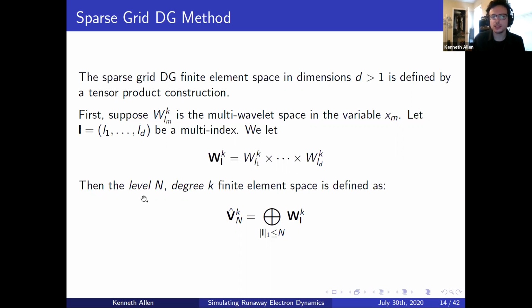We define the level n degree k finite element space in dimension D as the direct sum of these bold W_l^k multi-wavelet spaces, where we want the multi-index to have L1 norm less than some fixed n. This is how we define the multi-wavelet, or DG, finite element space in higher dimensions.